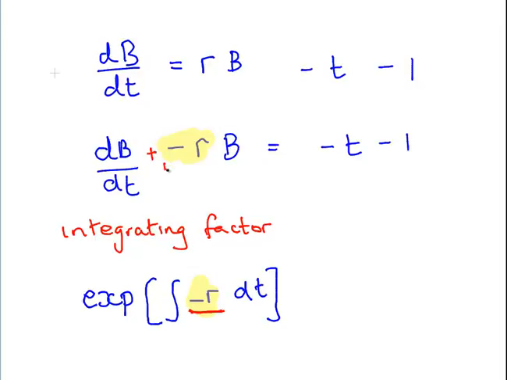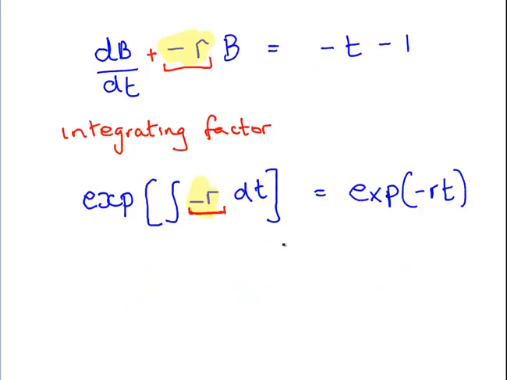To be clear about this, whatever is in here goes in here. So the integral of minus r dt. Now r is a constant, so when we integrate that, it's minus rt. So the exponential of minus rt, or otherwise we'd write it as e to the minus rt. So that one was rather straightforward actually, to compute that integrating factor.